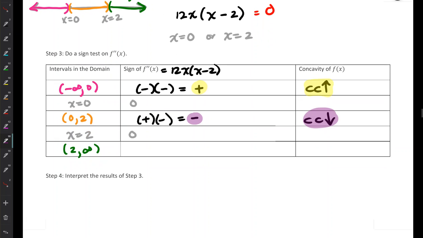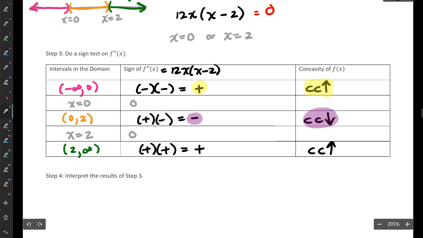Now pick an x value between 2 and infinity, like 10. 10 times 12 is positive. 10 minus 2 is positive. A positive times a positive is a positive. So my original function is concave up on that interval.